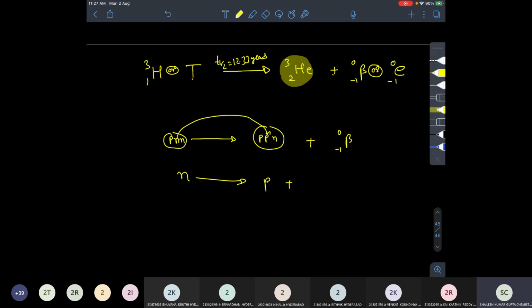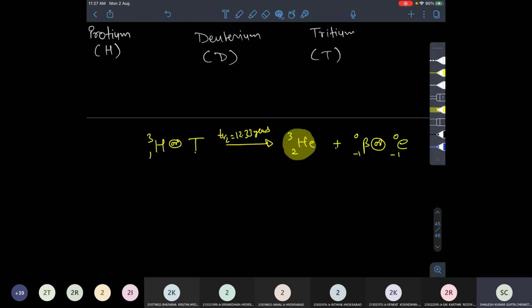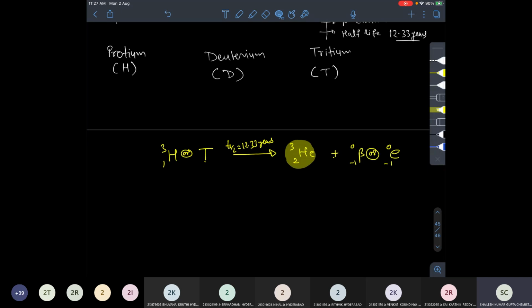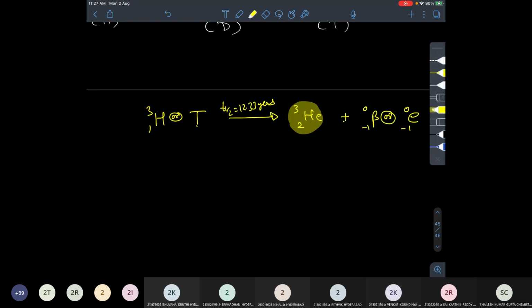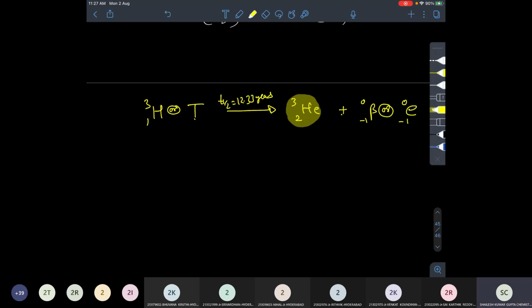I'm just representing the chemistry aspect, and we will not require it anymore. You can refer to it through your physics sir. All right, guys, so this is how beta emission takes place. This is radioactive. So what is the meaning of half-life?